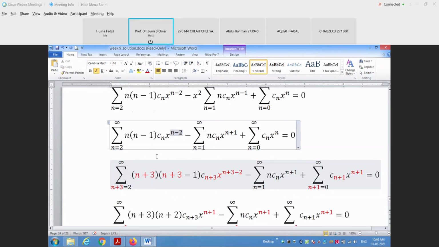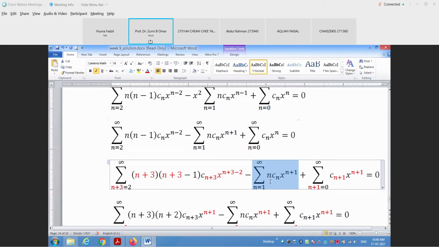All right, if I want to change this x^(n-2) to x^(n+1), the n in the first series must be replaced with n plus 3. So n becomes n plus 3 here, and then n minus 1 will be n plus 3 minus 1, and c_n will be c_(n+3). Now x^(n+2-2) will be x^(n+3-2).